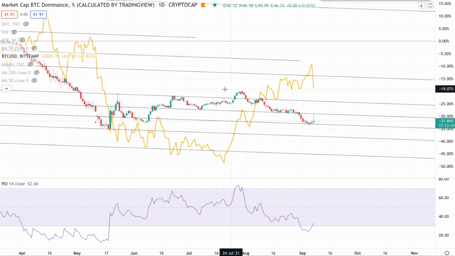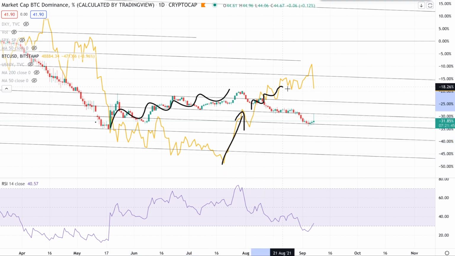And you can see in 2020 and 2021, we've had a similar type of situation. So the Bitcoin dominance has been rallying here. You had that first big move up in Bitcoin. Then as Bitcoin was building these divergences and making that top, you had the Bitcoin dominance drop, the altcoins rally.